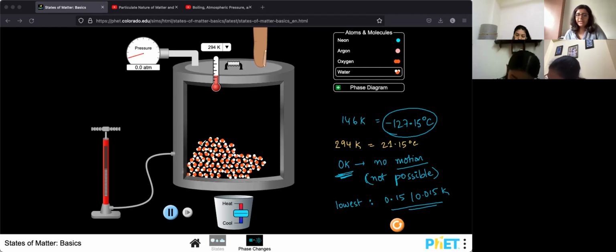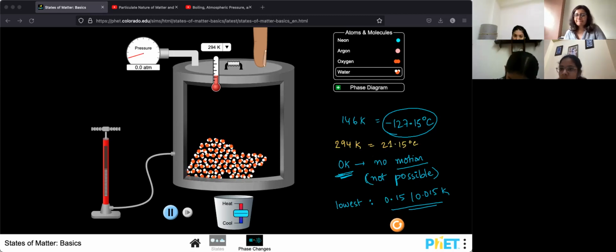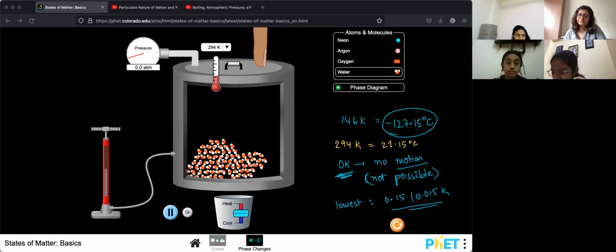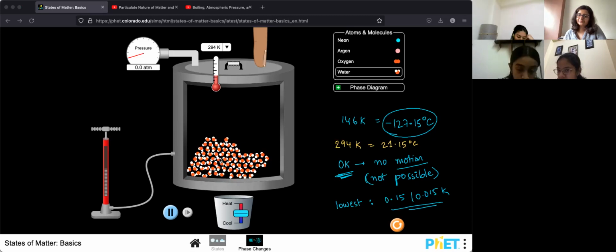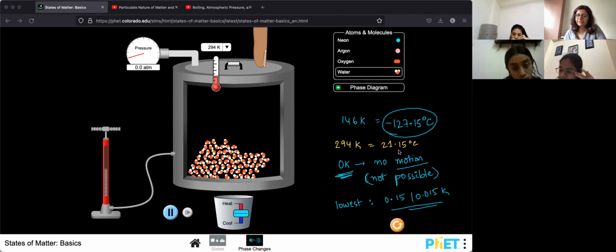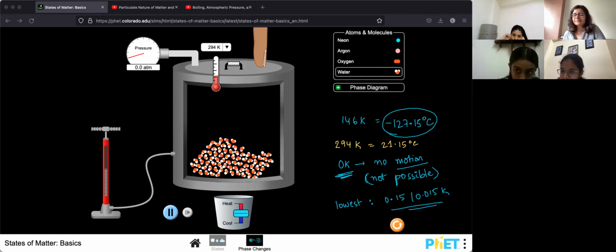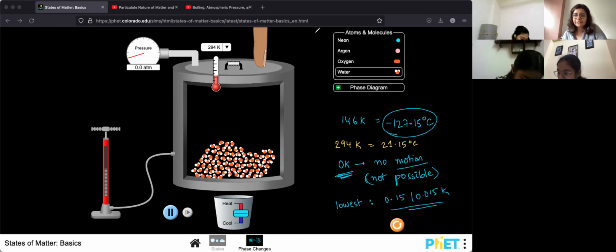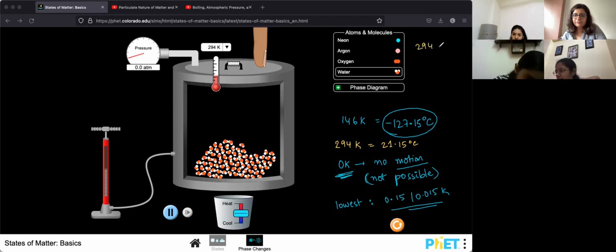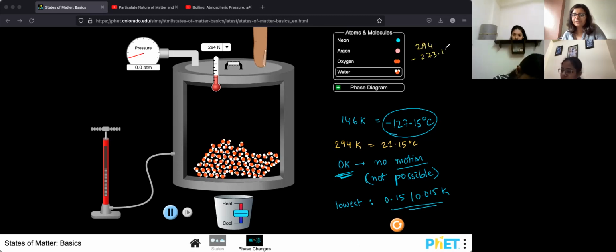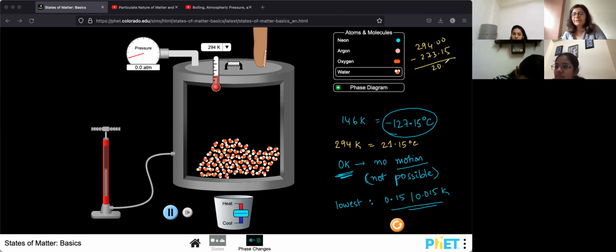So अभी क्या हुआ पानी को at this temperature? 294 Kelvin, 21.15 Celsius. Miss, I got 20.85. So subtract, 20.85 होगा. Yeah. Just take care of calculation, huh? So essentially 21 degrees. So it would be 294 minus 273.15. हाँ तो यहाँ पे carry over पे you should get 20.85.